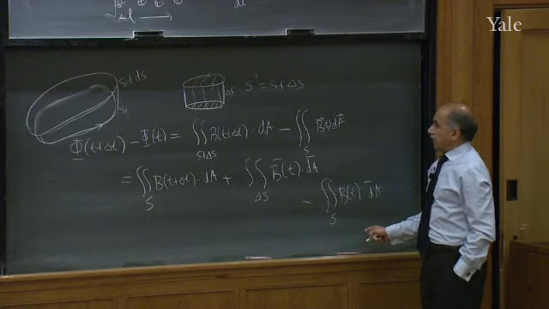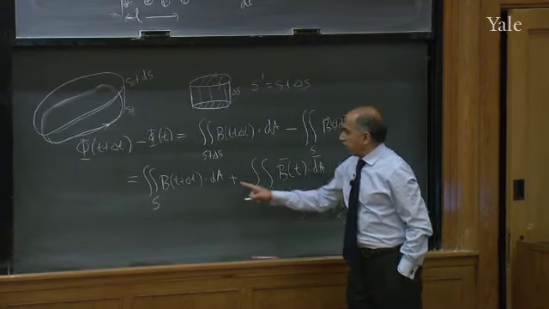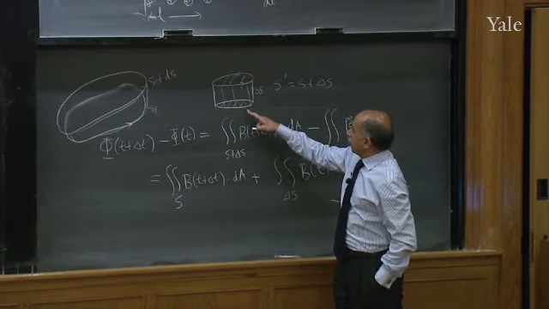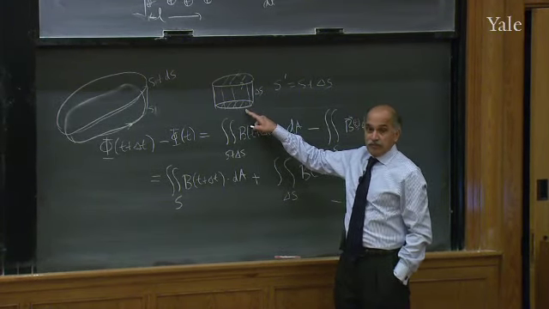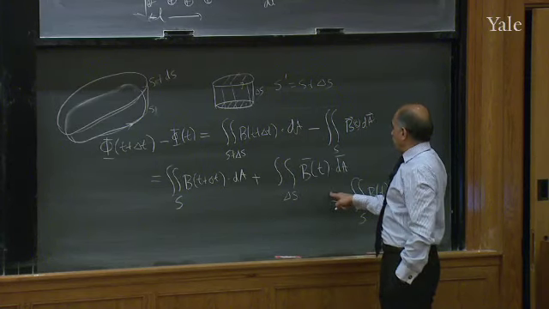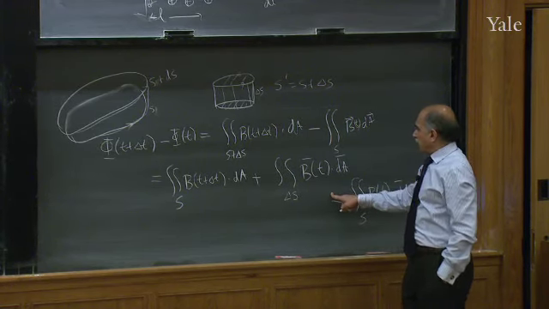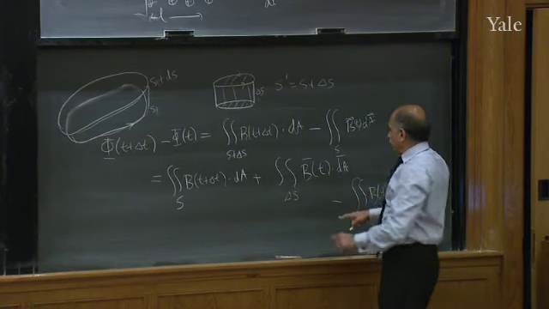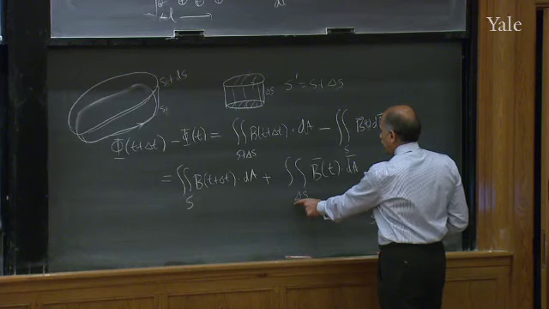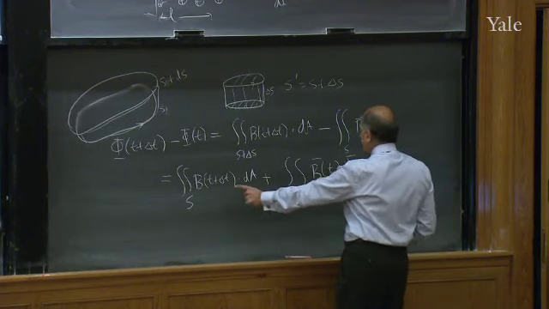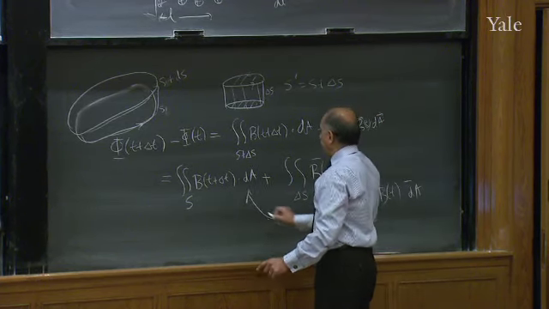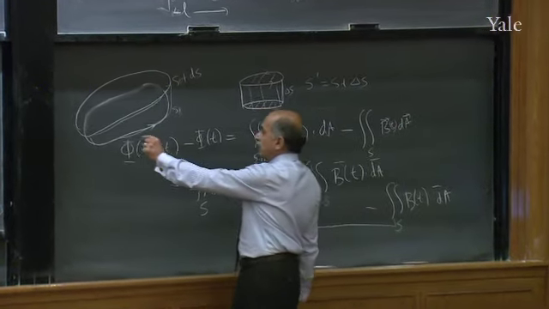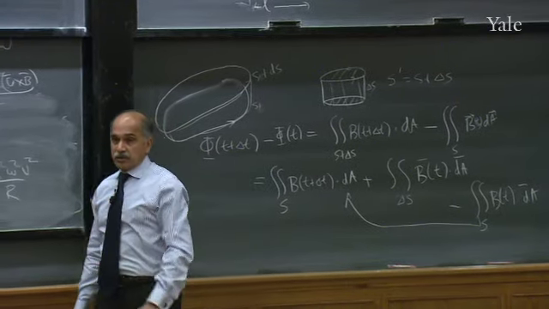So do you guys see that? Phi of t plus delta t I've written as two parts. One is the flux on the lower face, but at a later time, and the flux on the curvy sides. Now, on the curvy side, you don't have to worry about whether it's at a later time or at an earlier time, because delta S is first order in time. It's proportional to delta t, and this difference is going to be proportional to delta t. So you don't have to worry about the change in time over an infinitesimal surface, because that's second order in time.